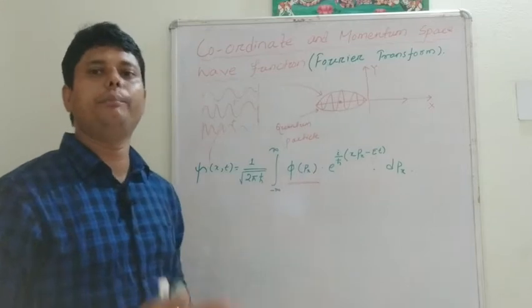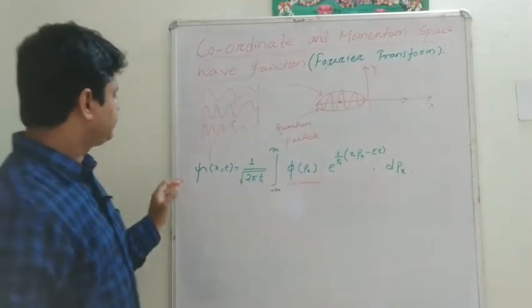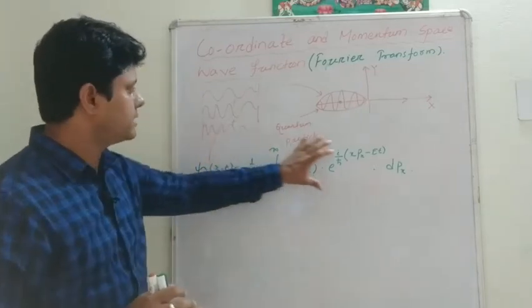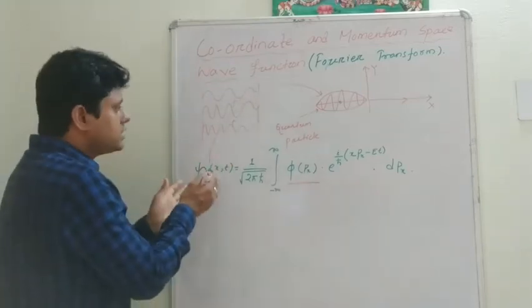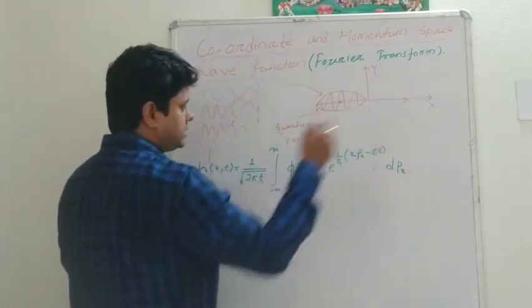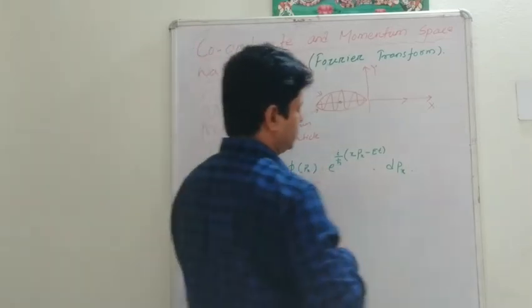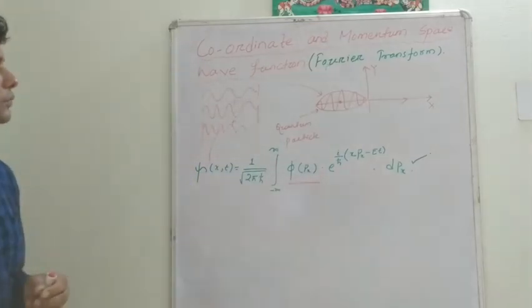We discussed this in detail in our last classes. And we got the mathematical expression of a quantum particle moving along the x axis direction, that is psi(x,t), this much, right?